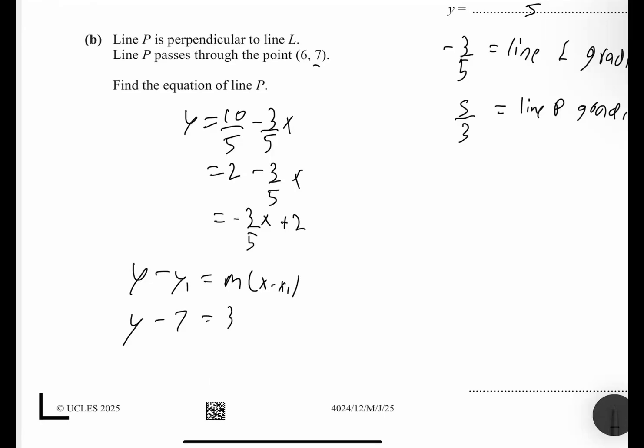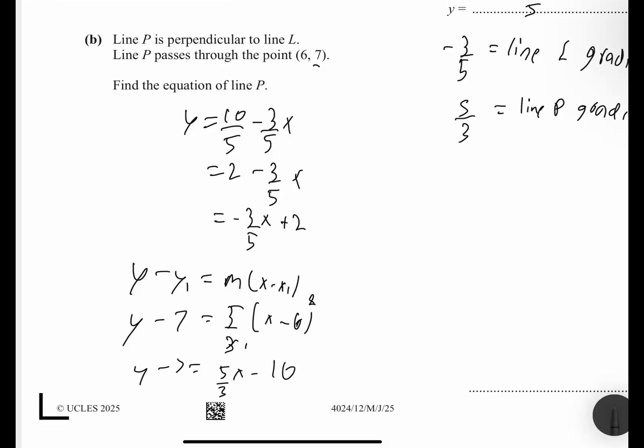So y1 would be 7, and m is 5 by 3, x minus x1, which is 6. So y minus 7 is equal to 5 by 3 x minus 10, since the 3 cancels with 6 to give 2.